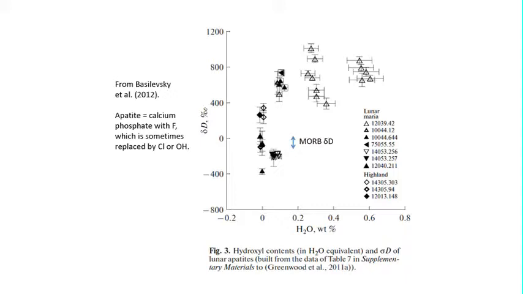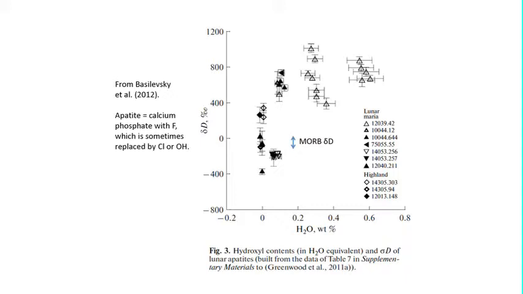That's a lot. And if the general lunar basalts had that kind of weight percent water, no one would have claimed terrestrial contamination. But here's the deuterium to hydrogen ratio in units of delta D. So 0 is standard mean ocean water, and this is parts per thousand.